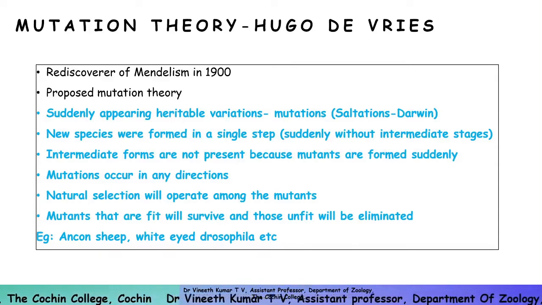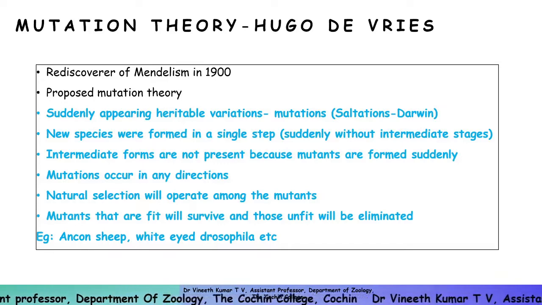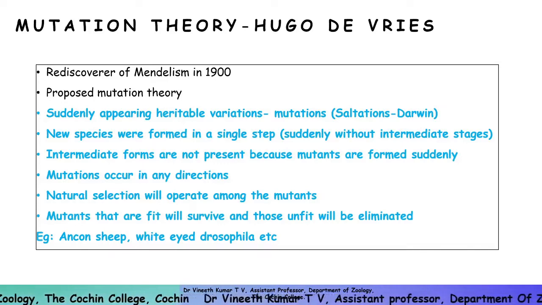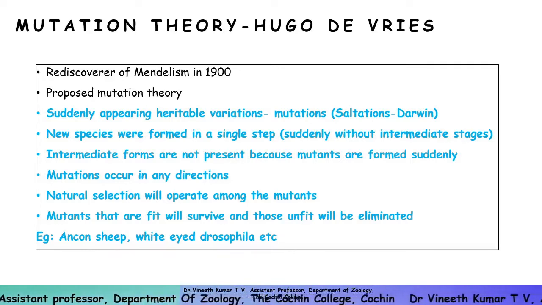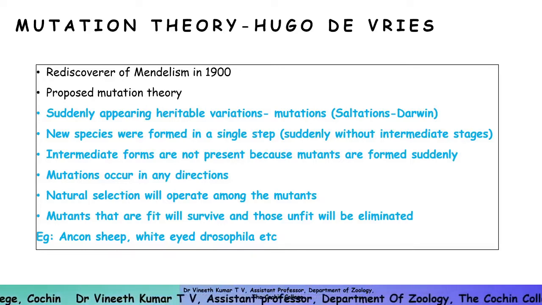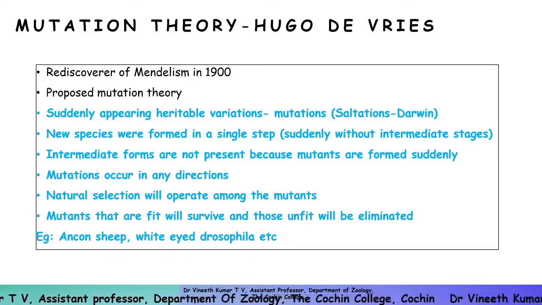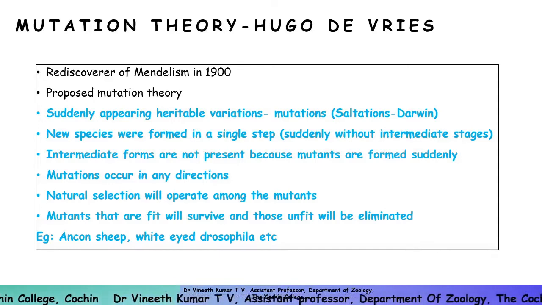But in mutation theory, De Vries proposes that new species are formed in a single step, that is, they occur suddenly without any intermediate changes. These intermediate forms are not present because mutations are formed suddenly.